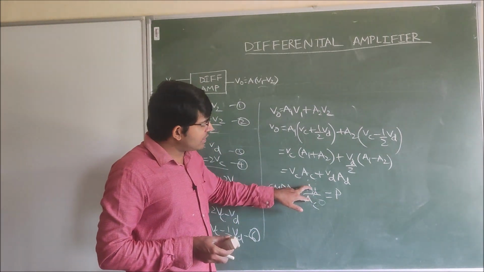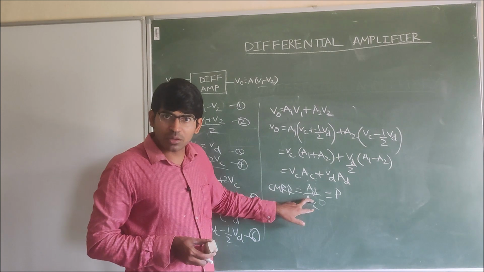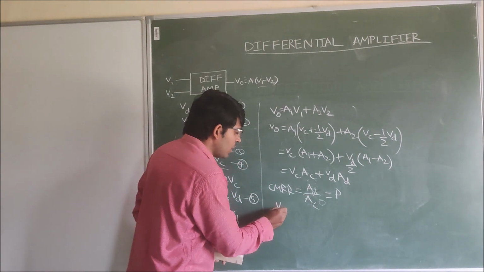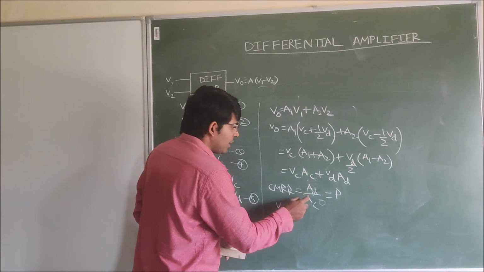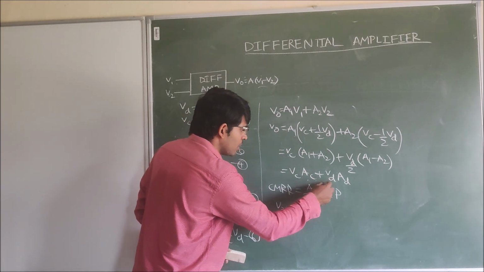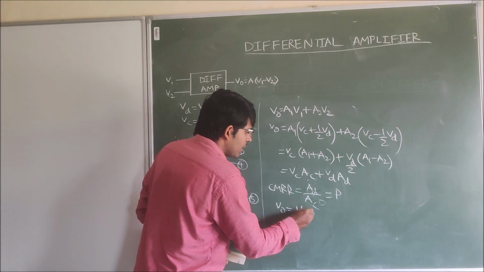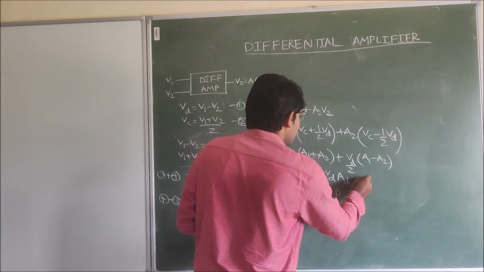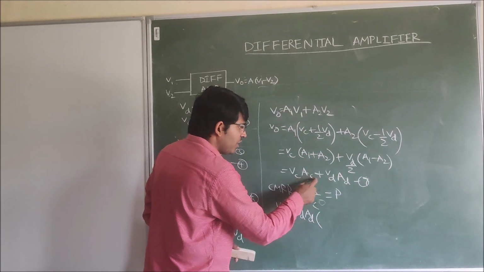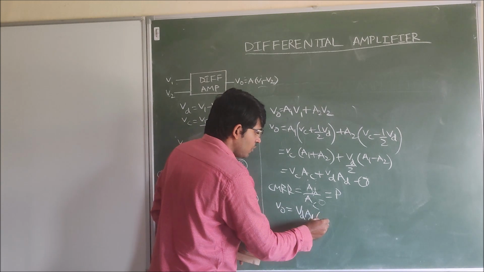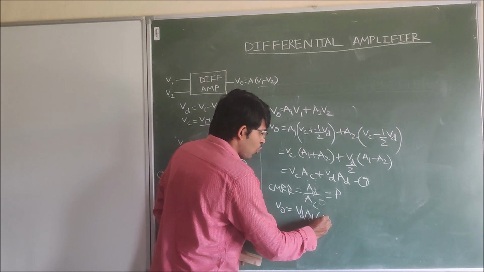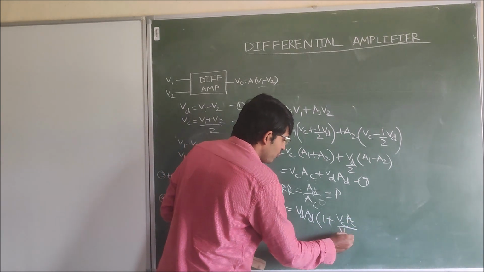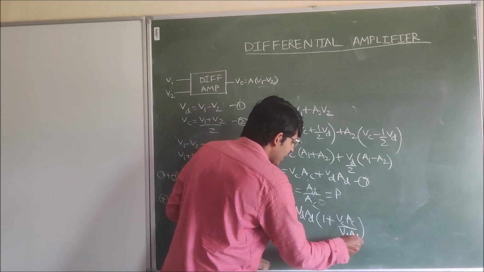I want to write this as an expression for V0, because finally I want to see my output voltage. So V0 is equal to, taking Vd AD common from this equation, which I may call equation 7, Vd AD times (1 plus Vc AC by Vd AD).